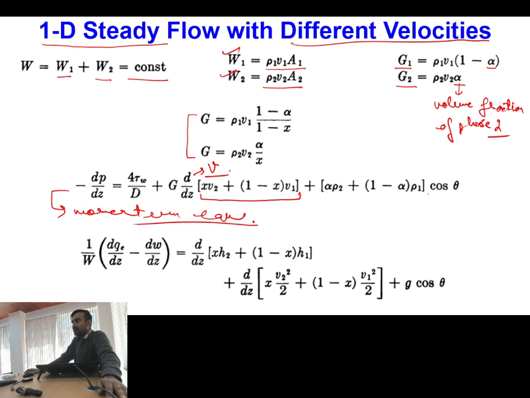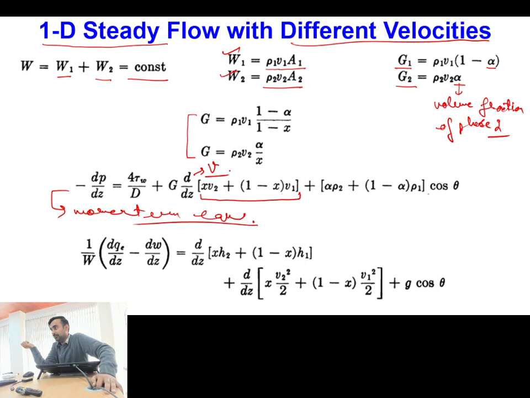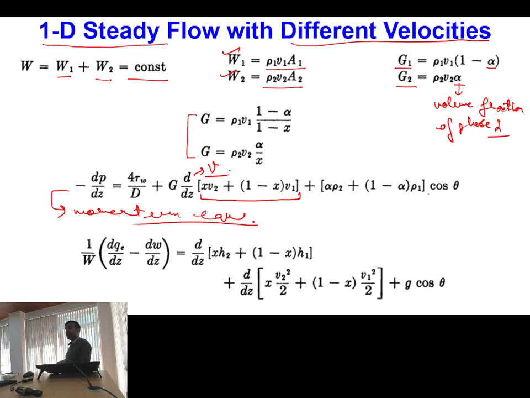Is this point clear? Here we are considering that the mass fraction x has velocity v2 and the mass fraction (1 minus x) has velocity v1. So we are actually differentiating the velocity term here. Is this point clear? That is the only difference. This equation is nothing but a combined phase equation, so in combined phase I have to write down the total velocity.